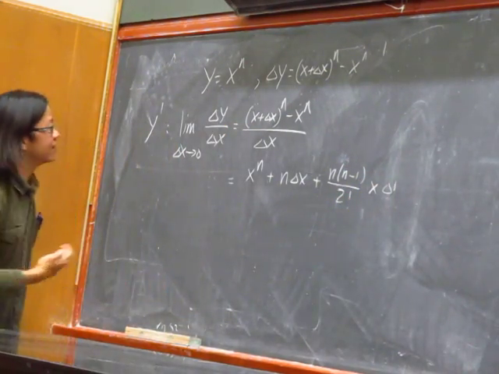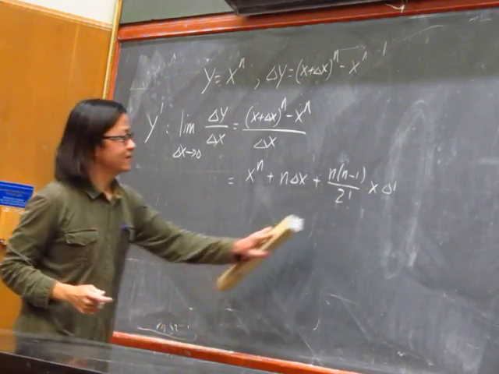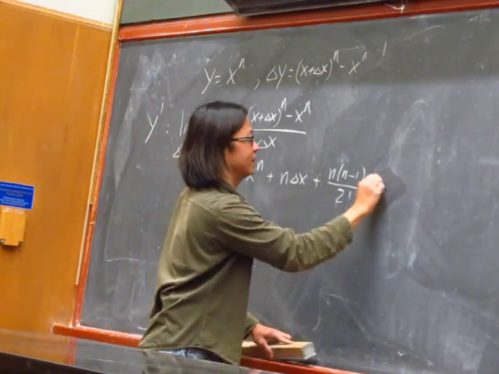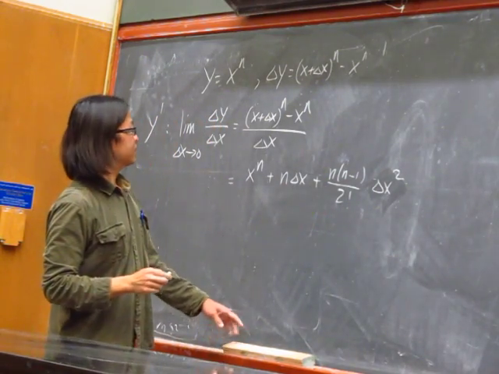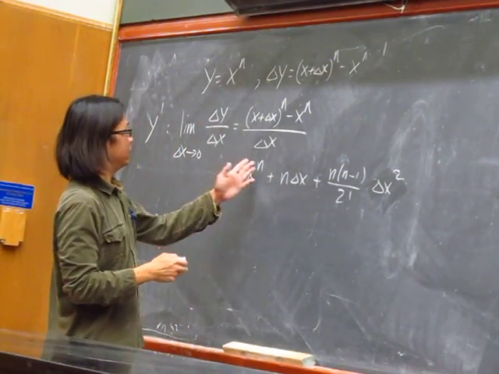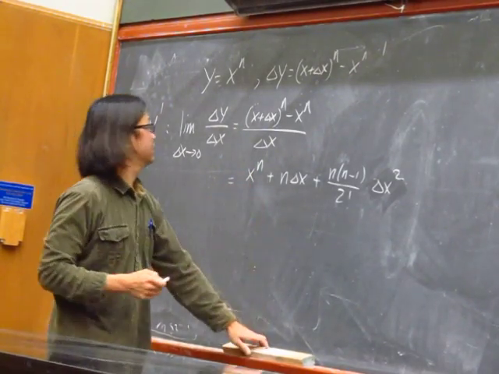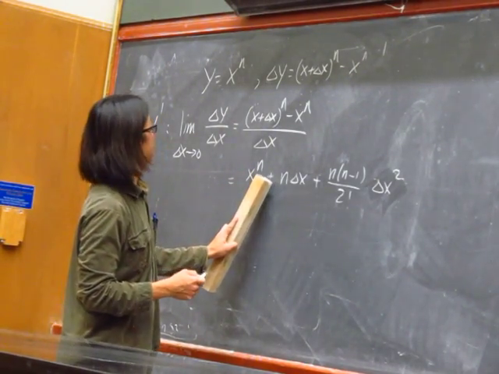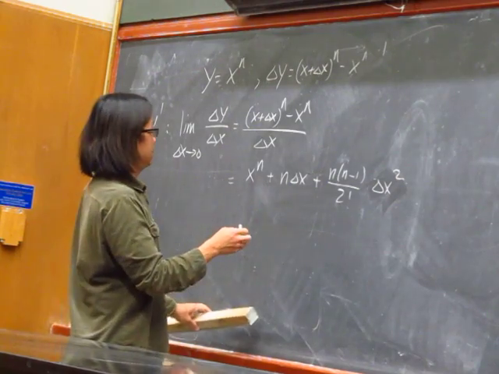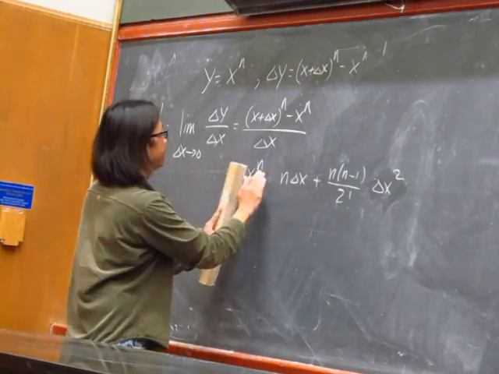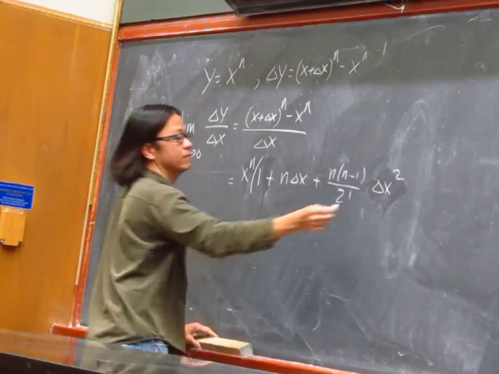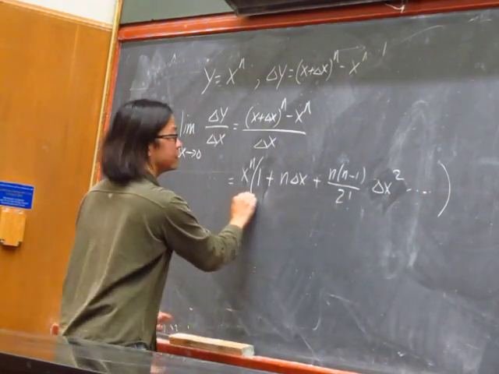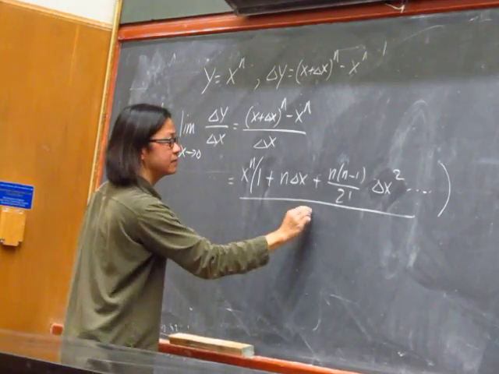You guys remember? I don't remember anymore. But this goes as delta x squared. If I pull the delta x out, x to the power of n, 1 plus the whole thing, divided by delta x.